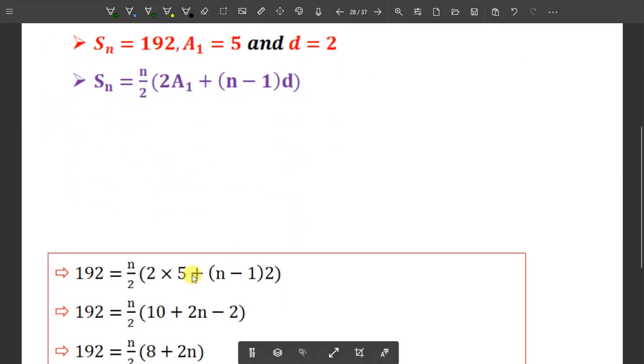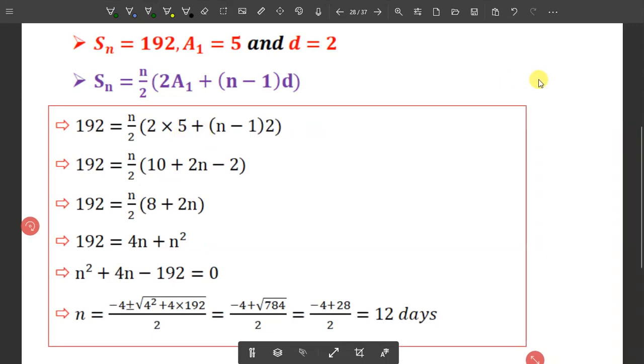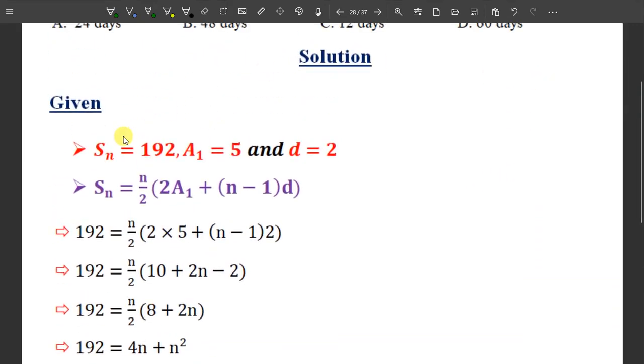Now let us see the solution. Our Sn is given already, and we replace Sn by this number, which is the total number of desks built by the carpenter. 192 is equal to n over 2. n is unknown, which we are going to find out, how many days. n is the number of days in which the carpenter built this number of desks, and therefore it is unknown.